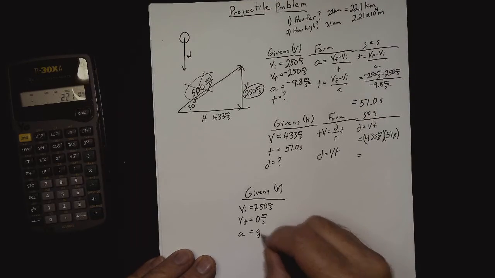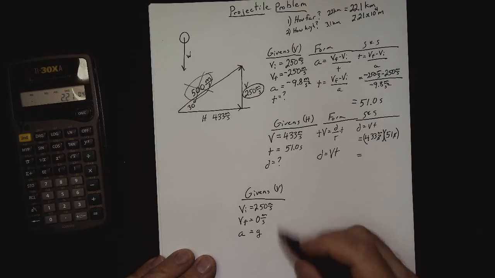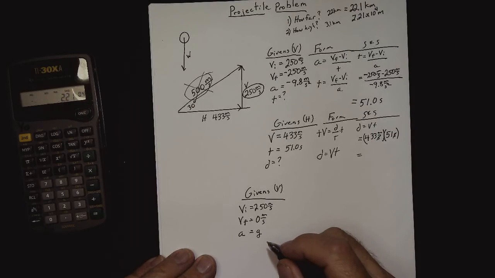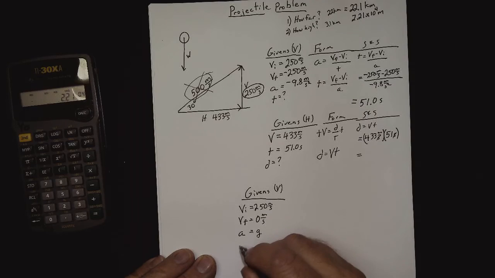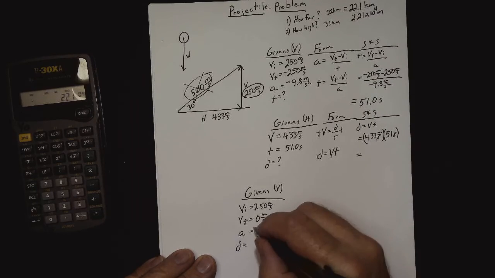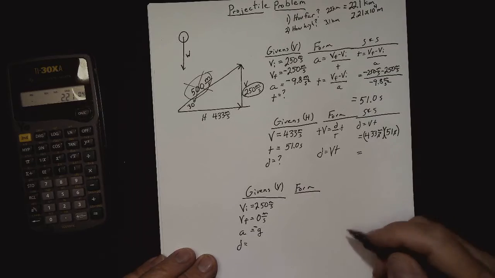Acceleration is gravity. We're all in one direction here, so don't really have to even worry about the negatives now. And we're looking for the distance. All right, and I'm going to make the gravity negative anyway, just because I think that's going to be important. Formula. What formula?